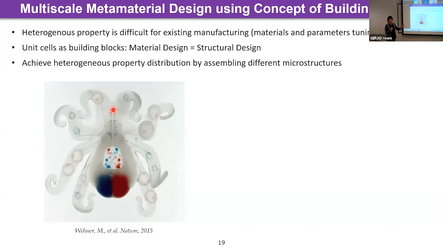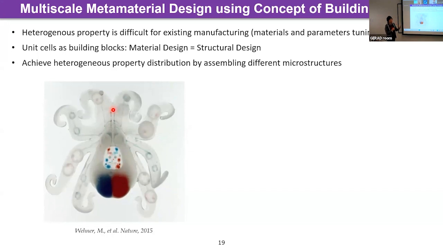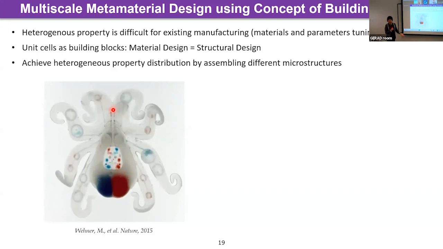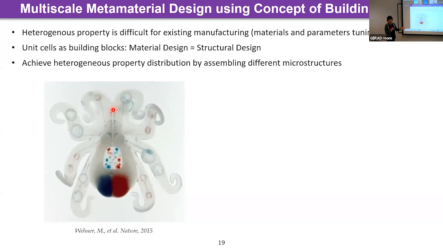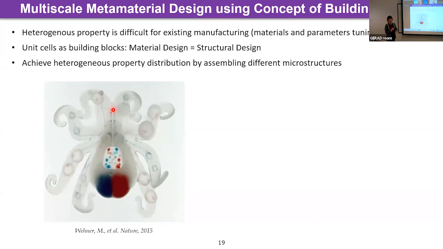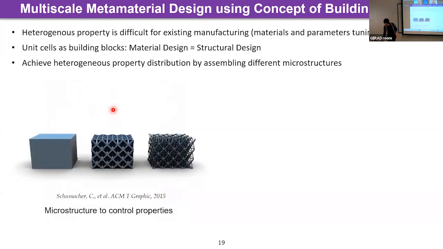So how do we achieve different stiffness at different locations? One solution is to change the material, but that means you need to put different material at different locations. Another solution is to change the architecture, because the structure has a direct impact on the property, basically, right? Based on this chain of relationship.